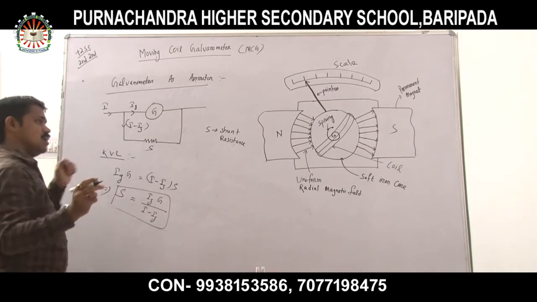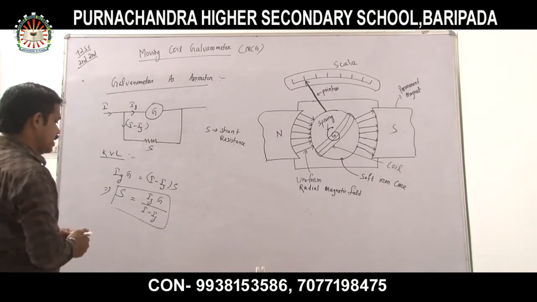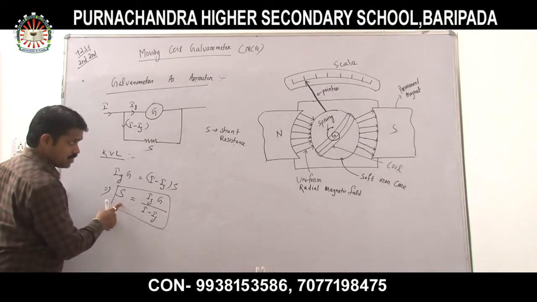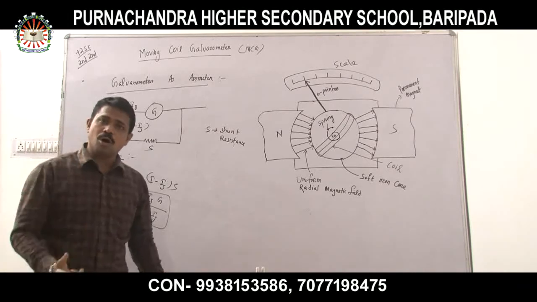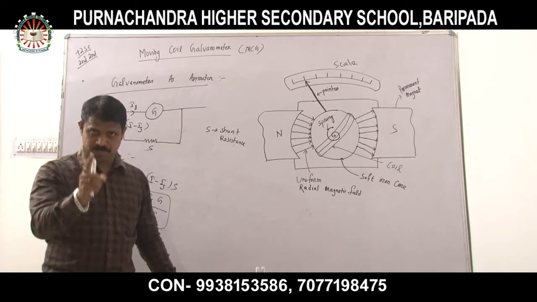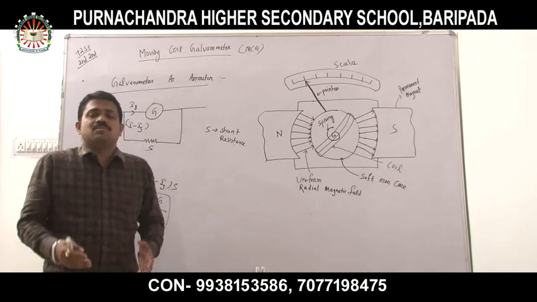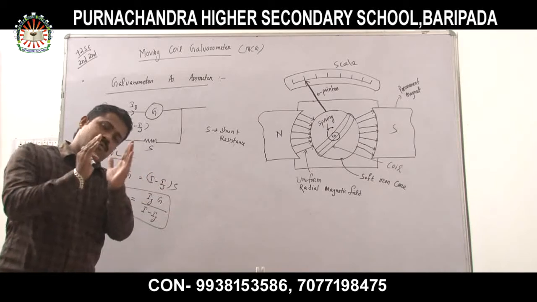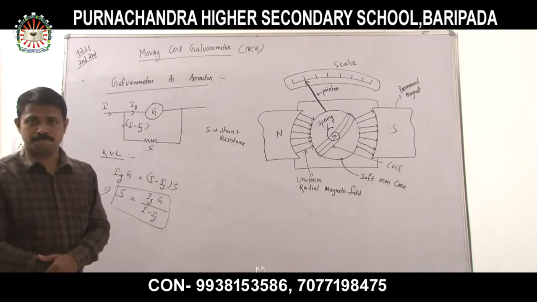So this is the formula by which we can easily find out what value of resistance we will connect in parallel with the galvanometer to convert the galvanometer into an ammeter, to measure the current.